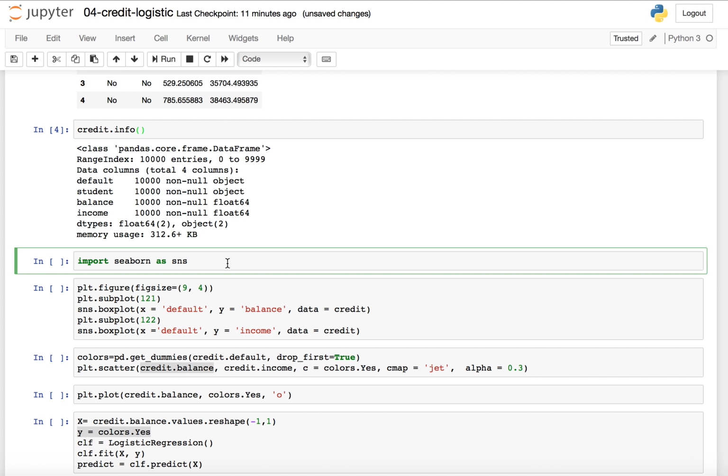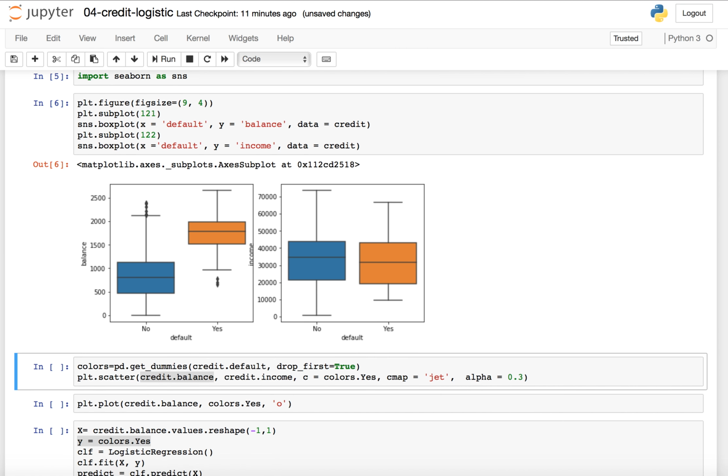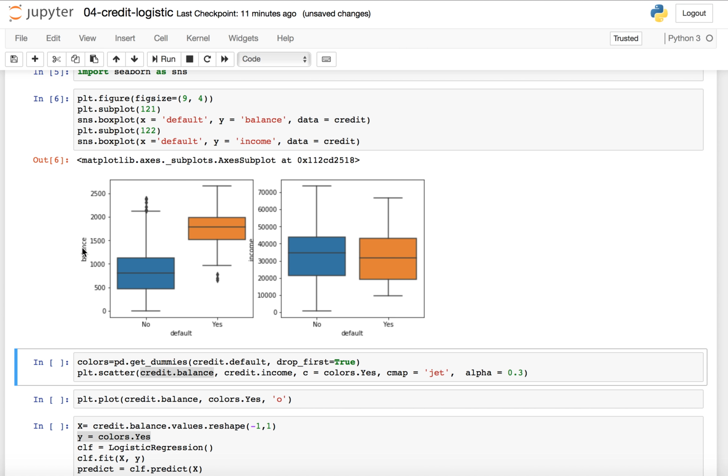So first, let's take a look at how this shakes out, whether or not somebody defaulted based on their balance and whether or not somebody defaulted based on their income. The incomes don't seem to be very different, except that there's a little bit wider range in the no's.